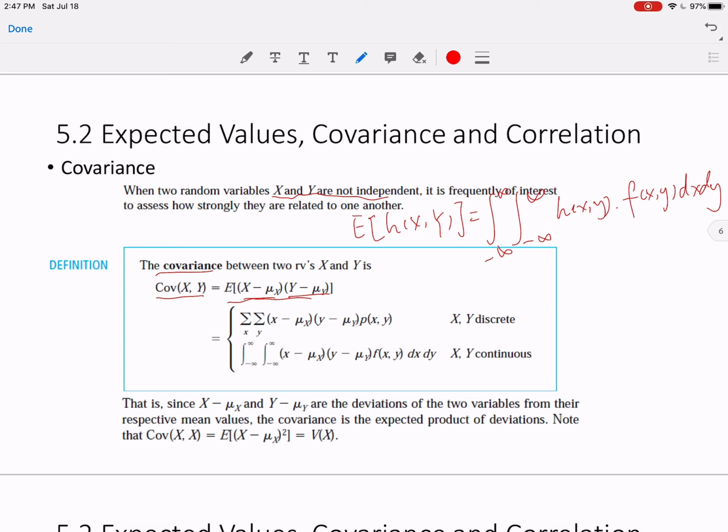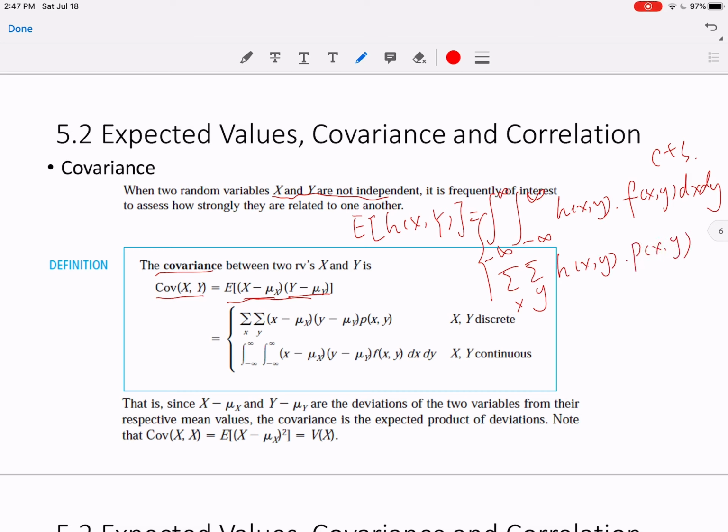But if the two variables are discrete, we're going to have the double summation over x and y of h(x, y) times the joint PMF of x, y.